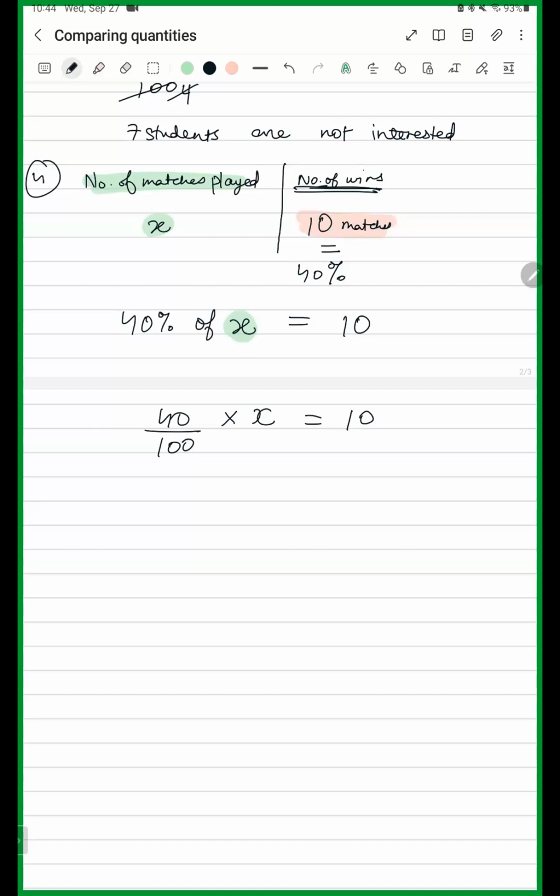The percentage of matches they won is 40. So 40%, what is 10? 10 is actually 40% of the number of matches they played. Understood. 10 is 40% of the number of matches.